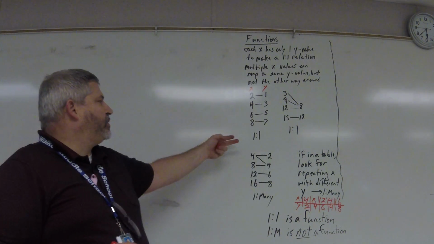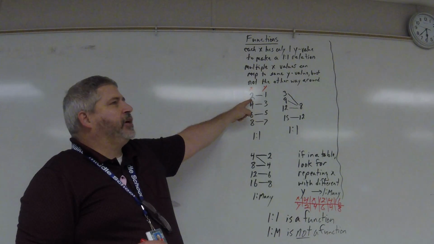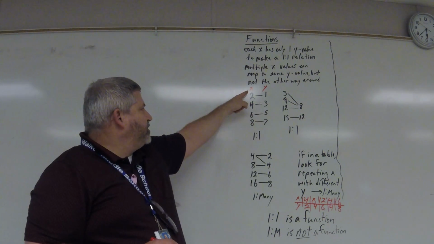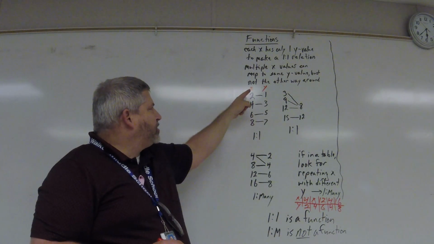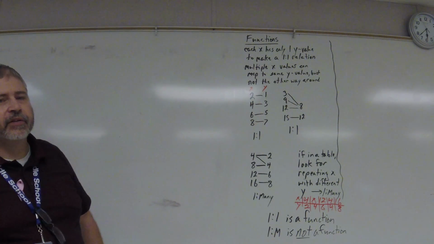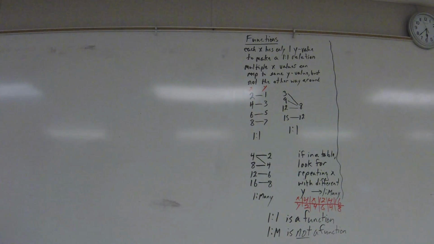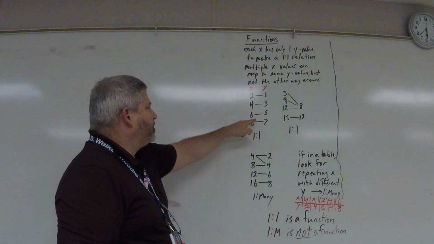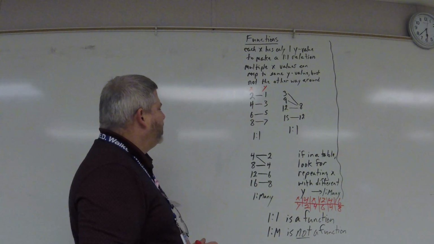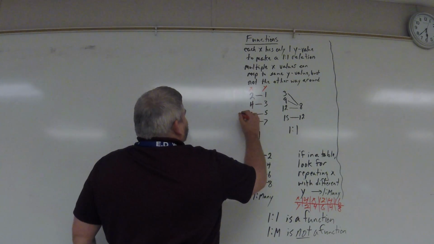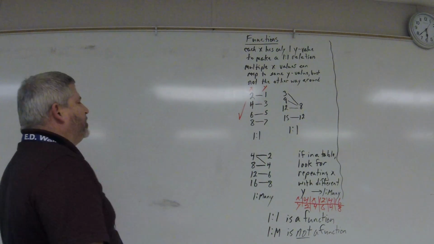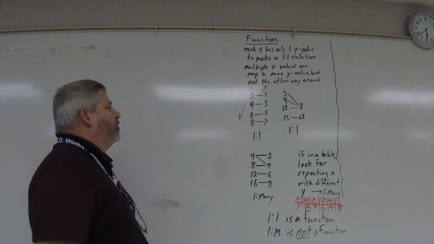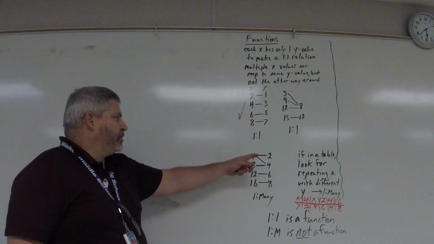So we could say that this has a one-to-one relationship because for each x, there's one y that is related to it. So we have a one-to-one relation. This makes this a function. So I'm going to put a check next to it. That checks out.